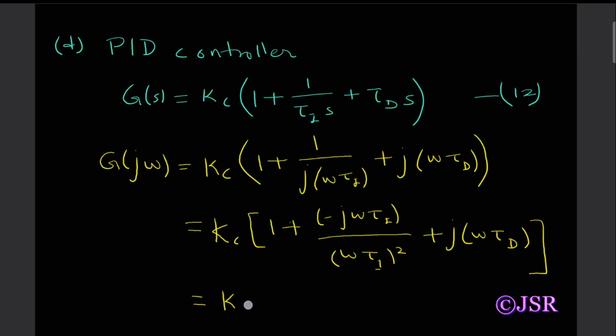So we will have Kc in bracket 1 plus j in bracket omega tau d minus 1 upon omega tau I.